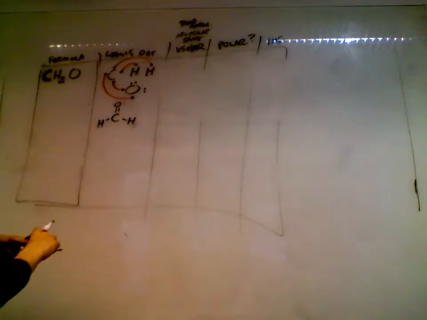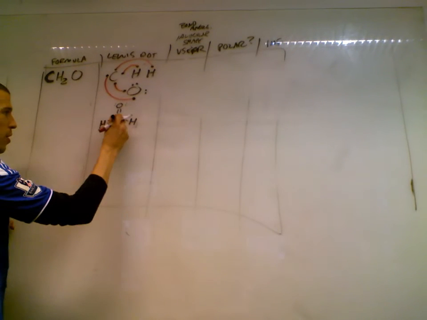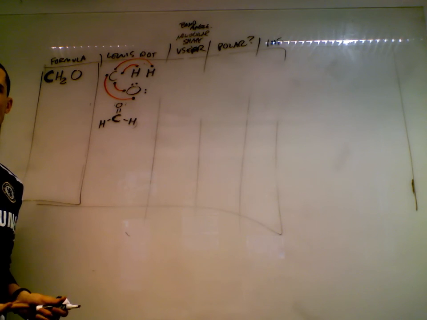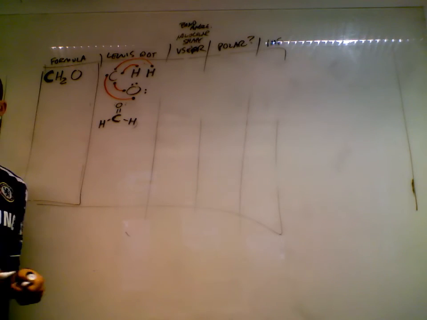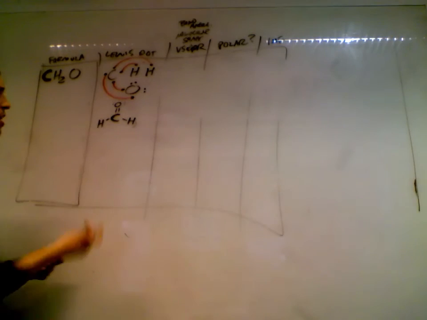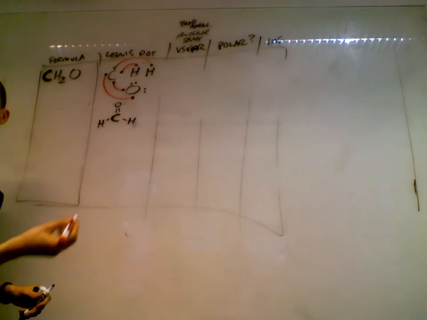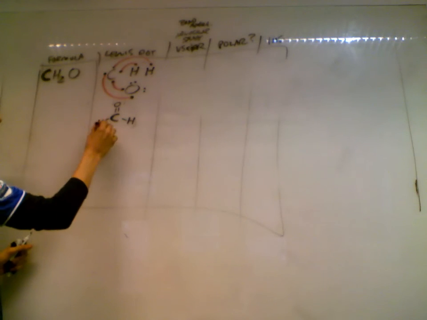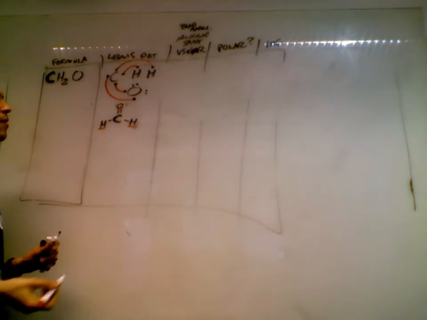Okay, since this is now the central atom, you need to think about a couple things for the molecular shape. First, does it have any lone pairs? No. The O does, but the C doesn't. So there are no lone pairs, and then how many atoms is it connected to? It's connected to 1, 2, 3.